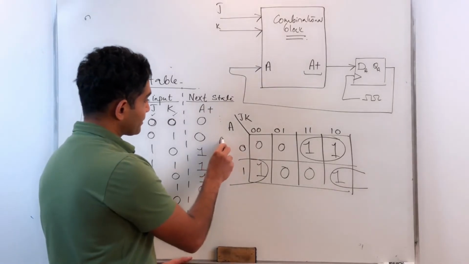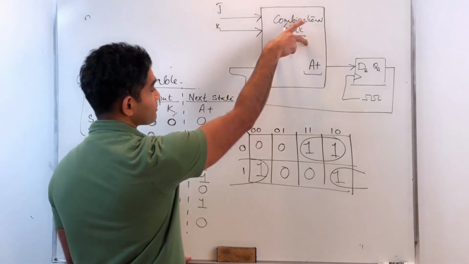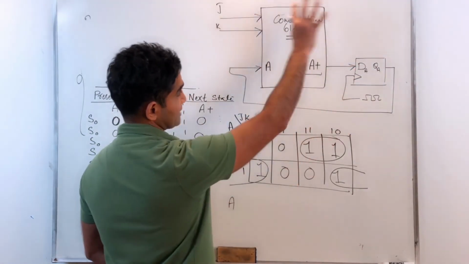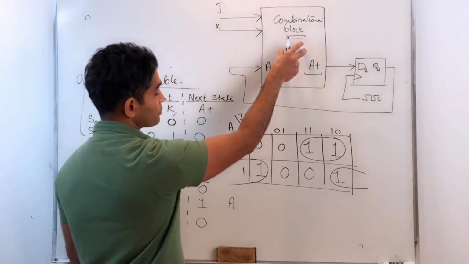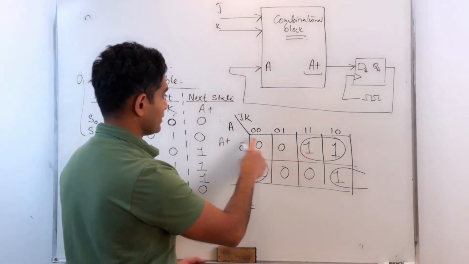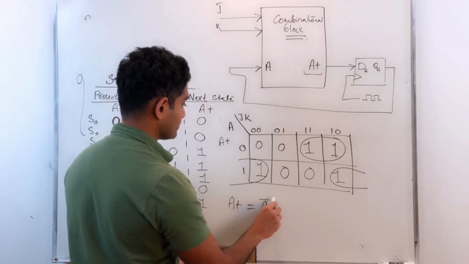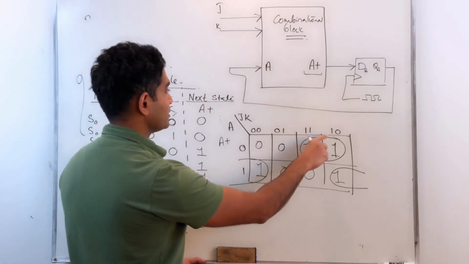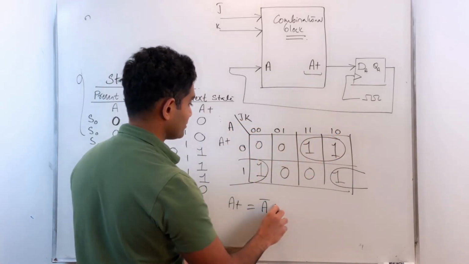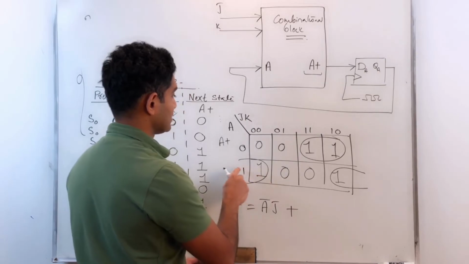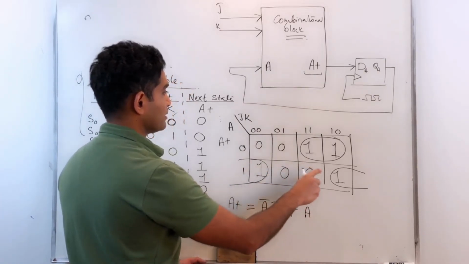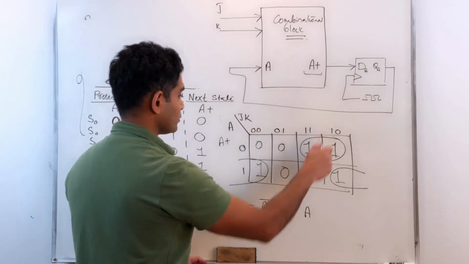Again, I'm doing this for A plus. A plus is the output of this combinational block I'm trying to derive. Everything else is standard; this is a basic standard template, if you will. So A plus is: here I have A prime J, or here I have A K prime.